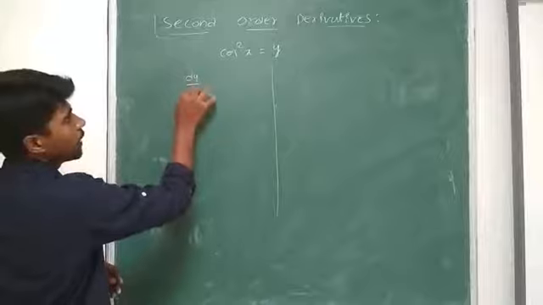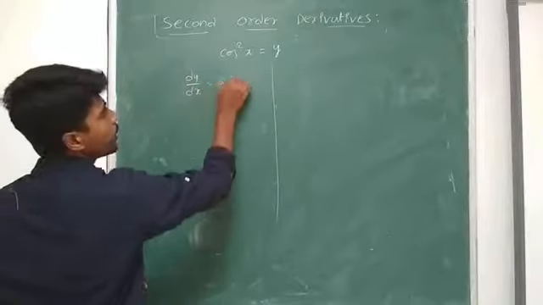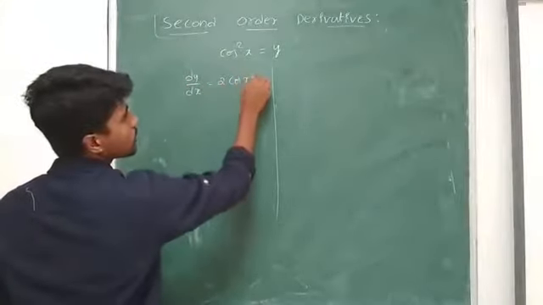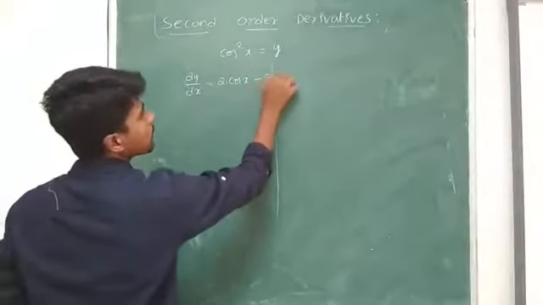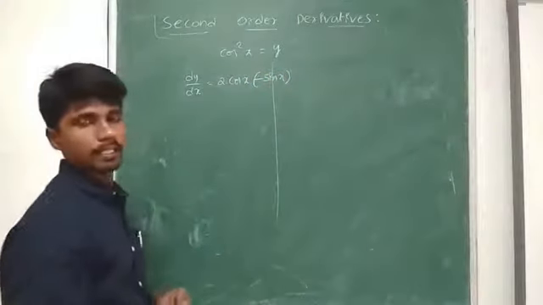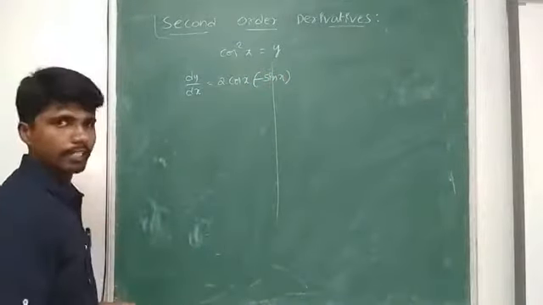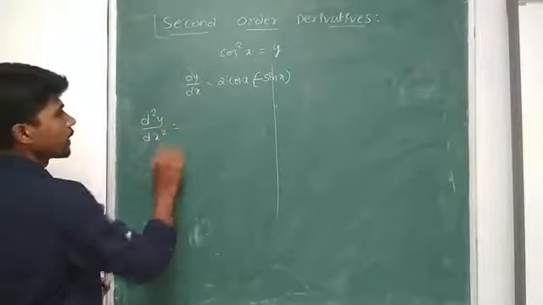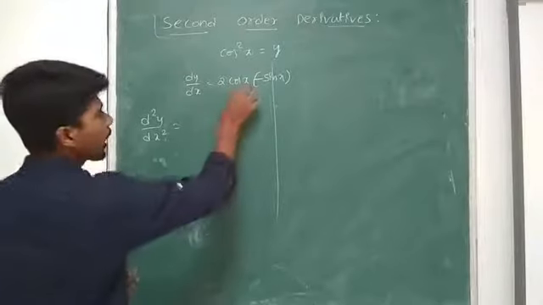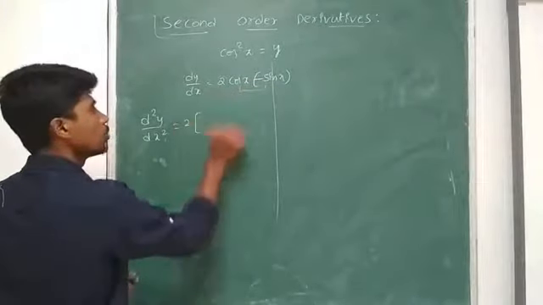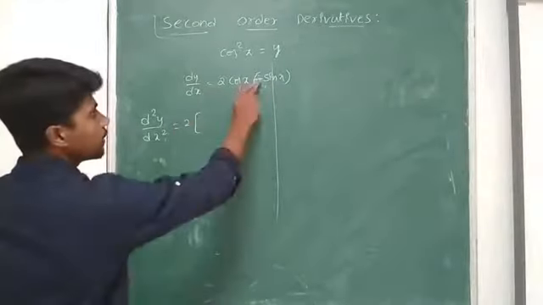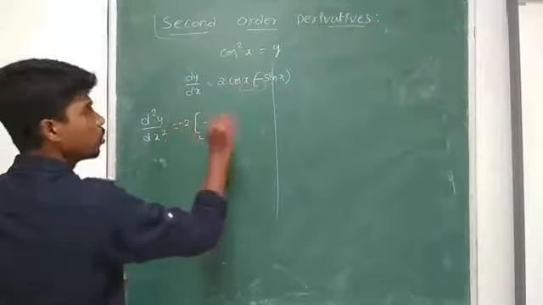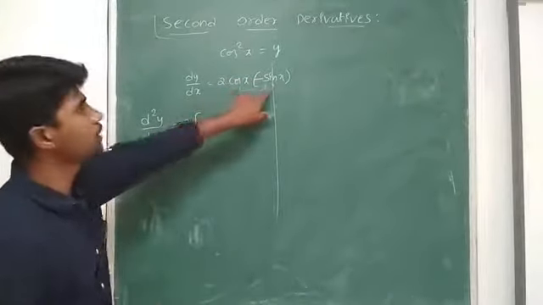So dy by dx is equal to 2 into cos x into the derivative of cos x, minus sin x. Now again it's differentiation, d2y by dx square, the second order derivative. So I have it in uv form, with 2 common. Instead of 2, I can take minus 2 common: cos x into sin x.